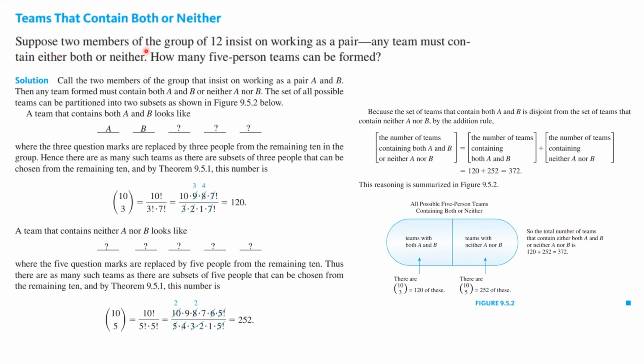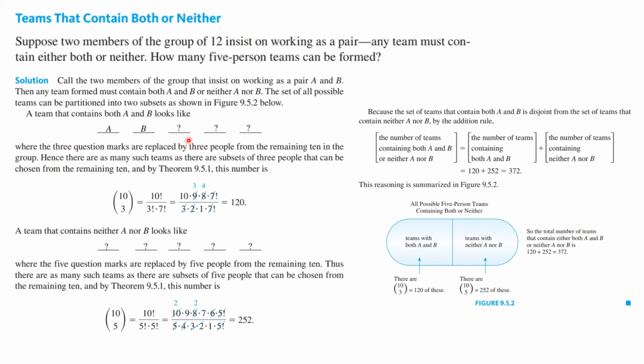Now suppose 2 members of the group of 12 insist on working as a pair. I've had that happen in class. Any team must contain either both or neither. If you do that, how many 5-person teams can be formed? Well, a team that has both A and B in it looks like this: you have A, you have B, and then you have 3 blanks, and you can put other people in there.